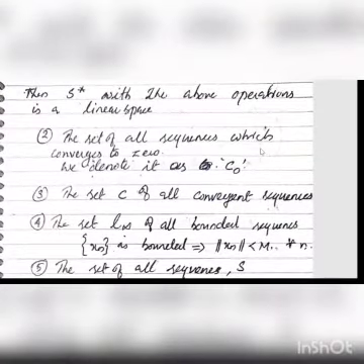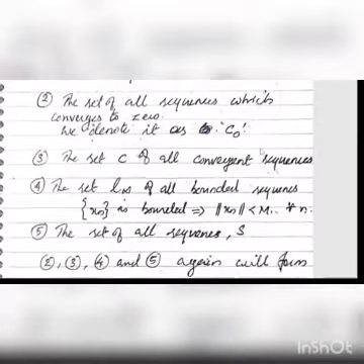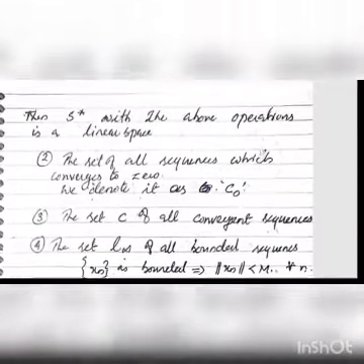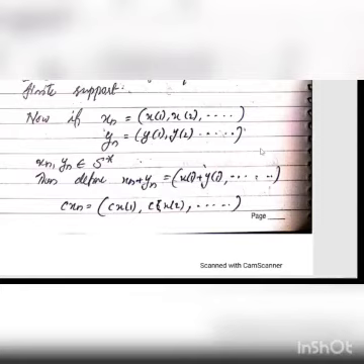And the fifth example, the set of all sequences S. Now examples 2, 3, 4 and 5 will again form a linear space with the same operations that we defined in the first example. That is, addition means coordinate-wise addition, and scalar multiplication means you multiply the scalar with each and every element.